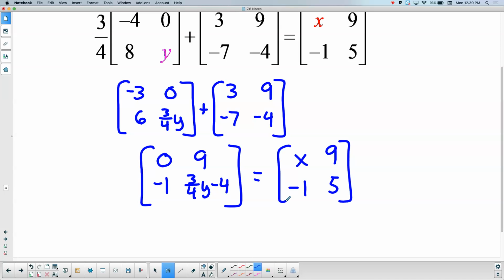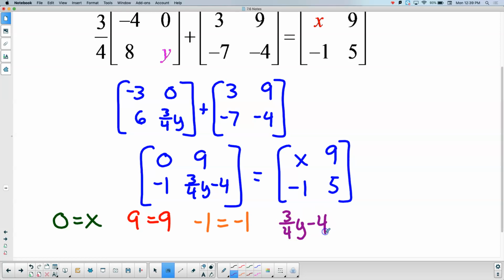So that tells me then that 0 has to equal x. That tells me then that 9 has to equal 9. Tells me that negative 1 has to equal negative 1. And it tells me that 3/4 y minus 4 has to equal 5.